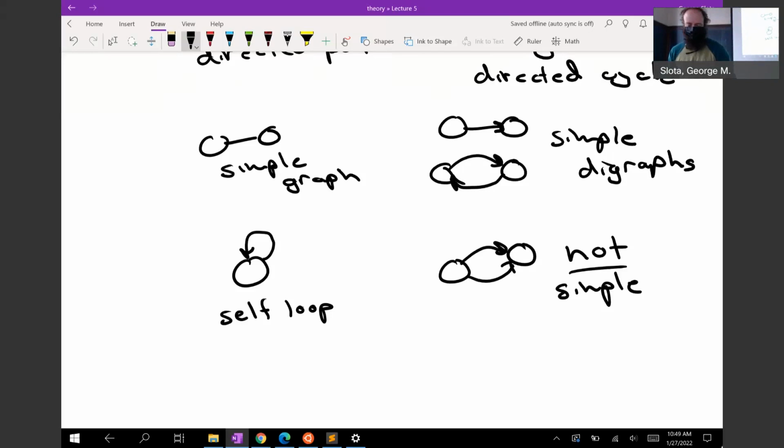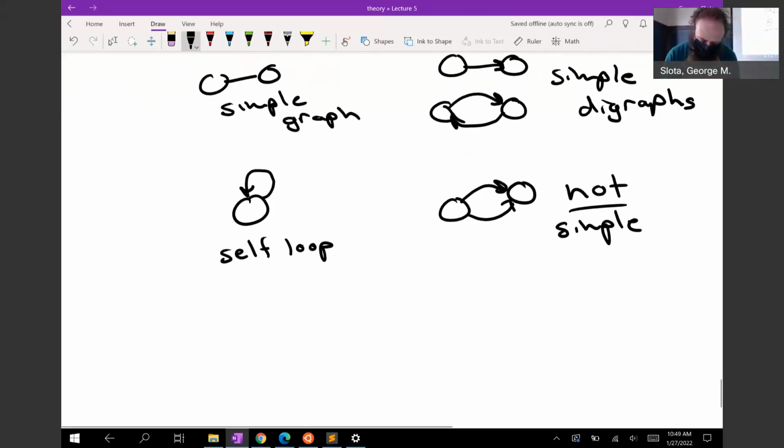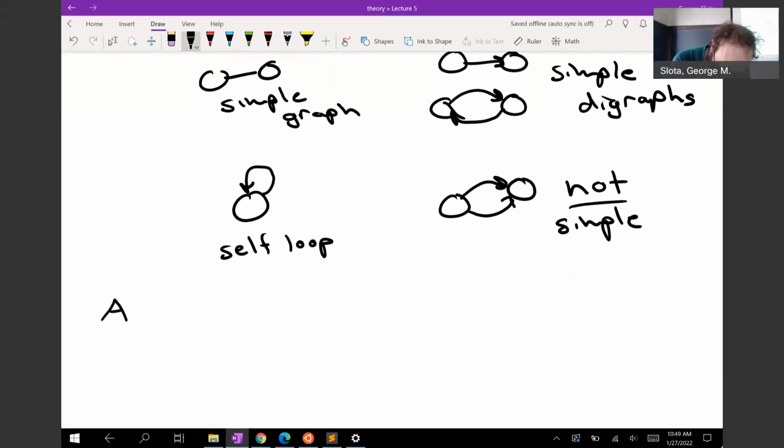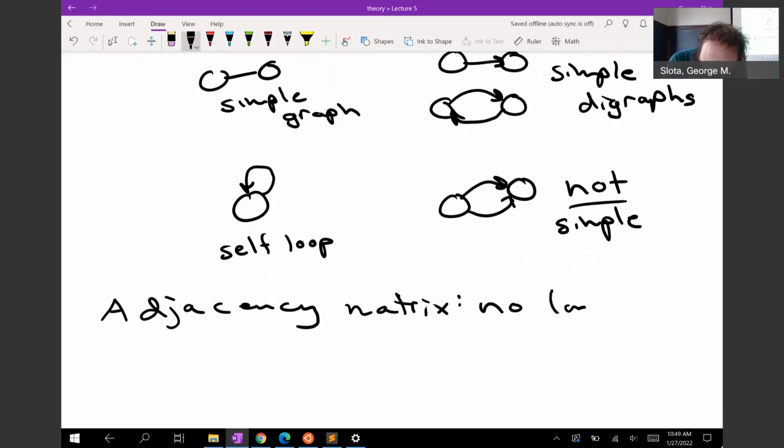Let's talk adjacency matrix. Why not? Got some tricks here that we need to discuss. Got our adjacency matrix. One thing: it's no longer guaranteed to be symmetric.